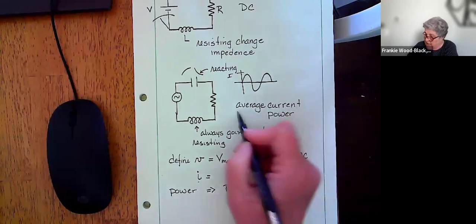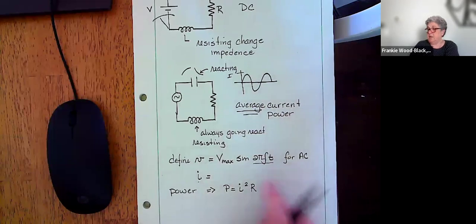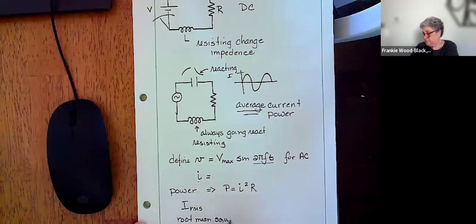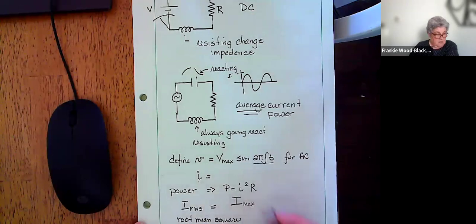But when we want to deal with this average, because of the behavior of our sine, we're going to use something called the RMS value, the root mean square. And that is going to be our maximum divided by the square root of 2, which is going to work out to be 0.707 times our I max.